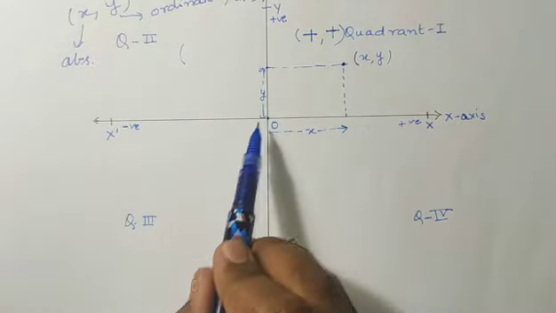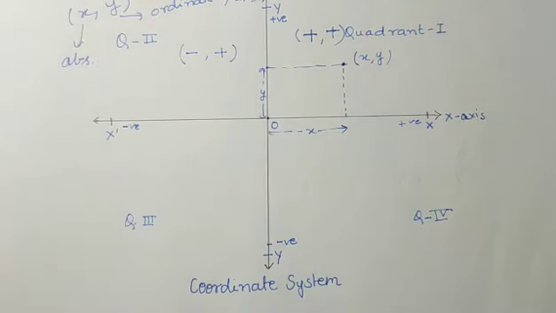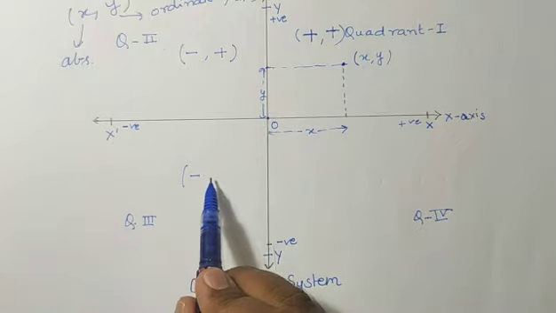In quadrant second, abscissa will be negative but ordinate will be positive. In quadrant third, abscissa is negative and ordinate is also negative.